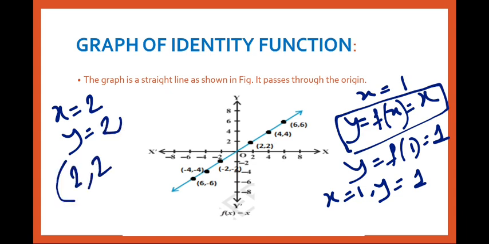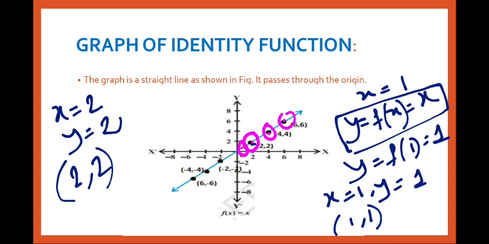So (2, 2) and (1, 1) will be points on the Cartesian plane. Mark this point. Look at the diagram, this is the point (2, 2). Similarly, here will be the point (1, 1). Similarly, here will be (4, 4), because f sends 4 to 4.